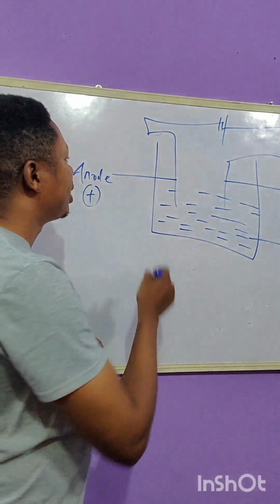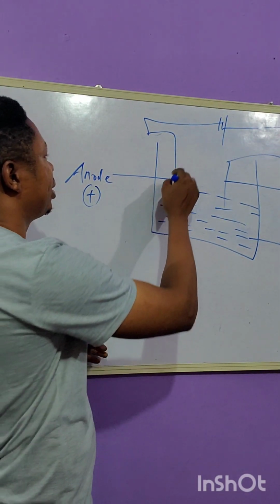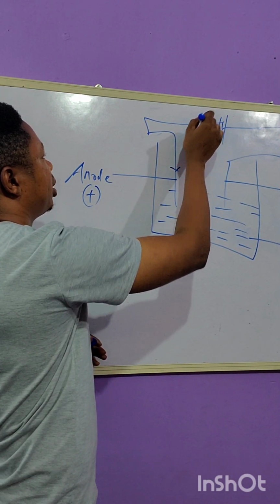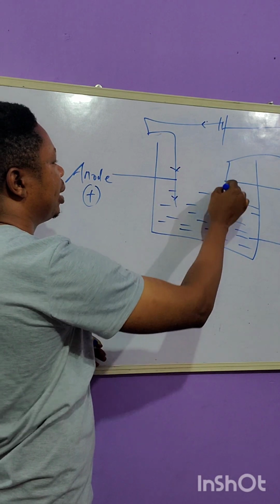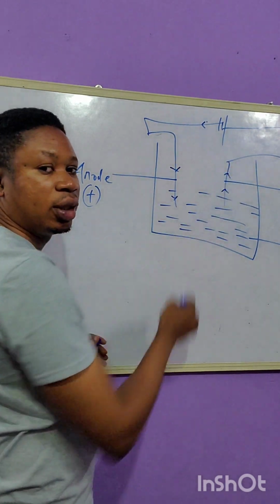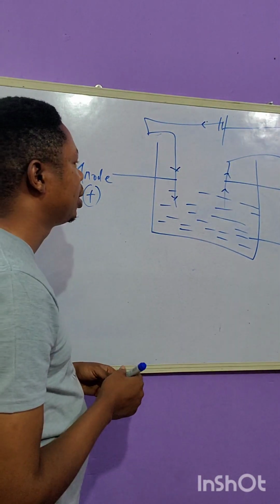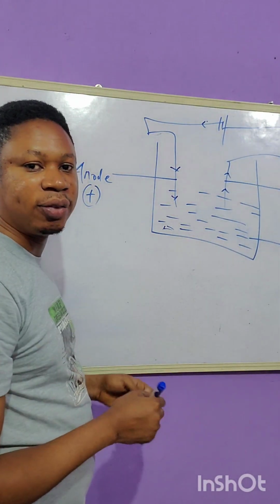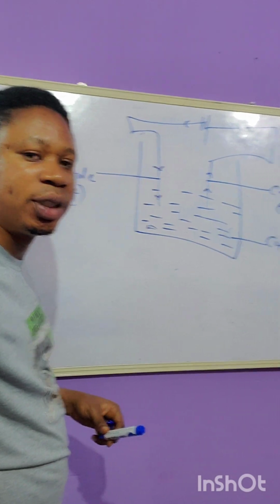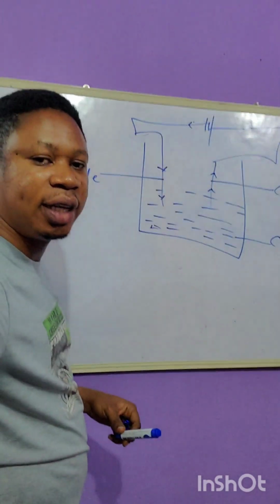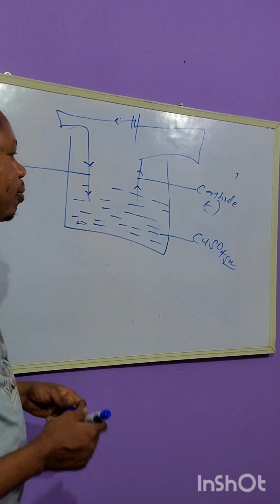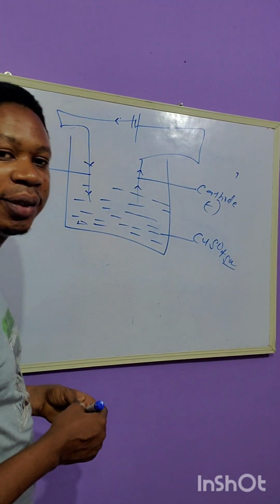So the electricity enters through the anode. As you can see, electricity enters from this position, then goes into the cathode. So it enters the solution. And this is your electrolyte, copper sulfate, which is being decomposed by the passage of electricity.